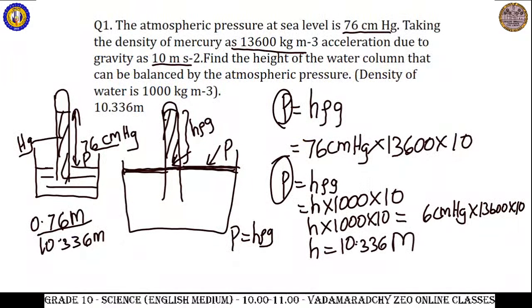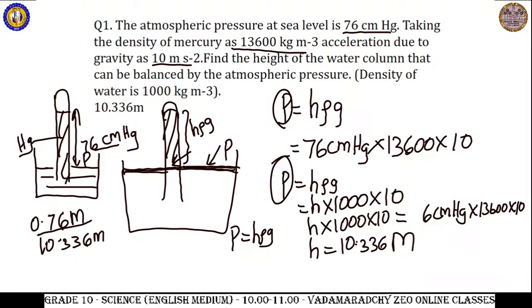Thereafter we studied why we use mercury instead of water as the fluid in a barometer. If we take water as the fluid, we need a tube more than 10 meters long. But with mercury, only 0.76 meter, or 1 meter, is enough.